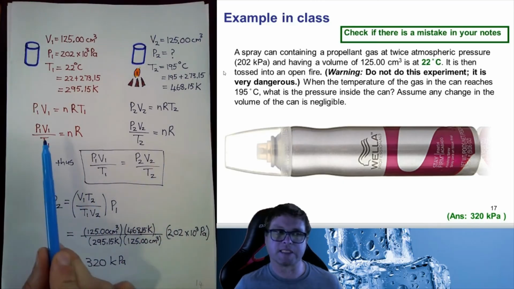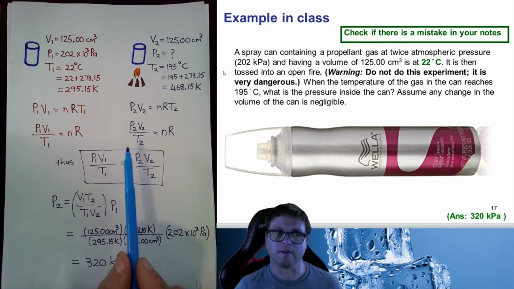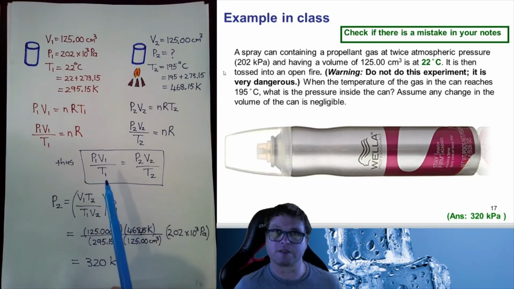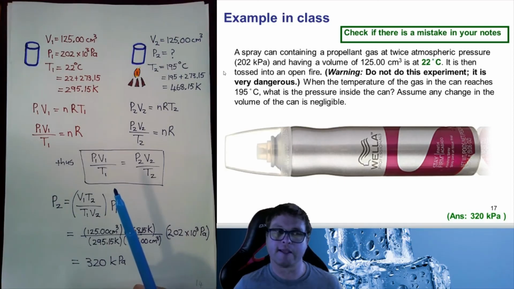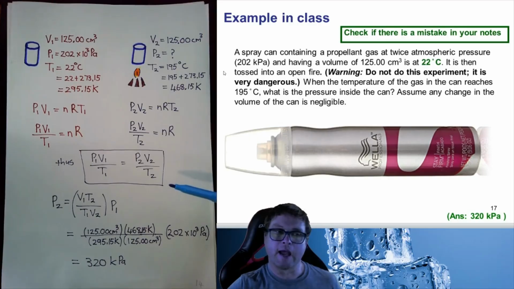So this means that the two left-hand sides of the equation are equal to one another because they're both equal to nR. And this is an equation that you're probably already familiar with, having used it in school.